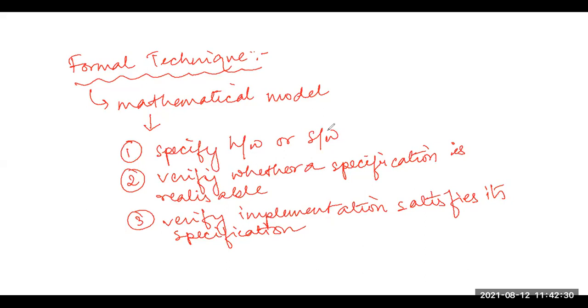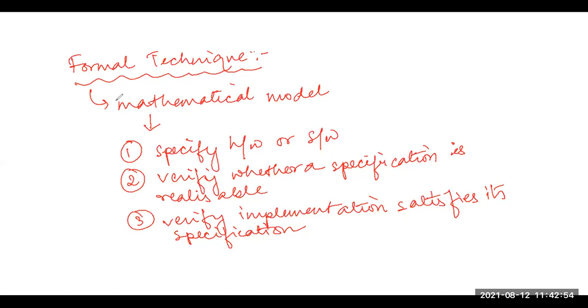Here also, the formal techniques which we are talking about are provided by a specification language. And this formal specification language consists of two sets. One is known as SIN, another is known as SEM, and there is a relationship set between them.